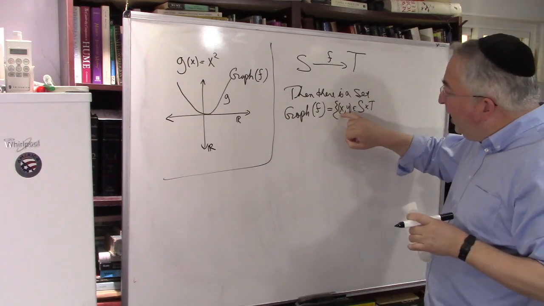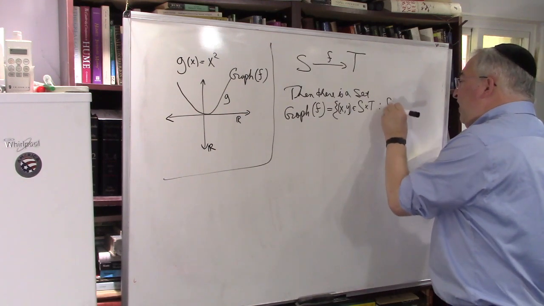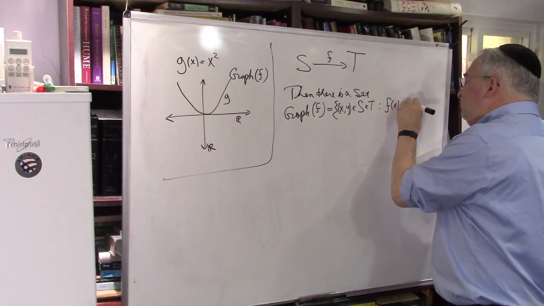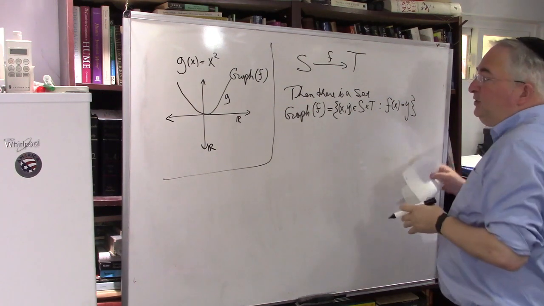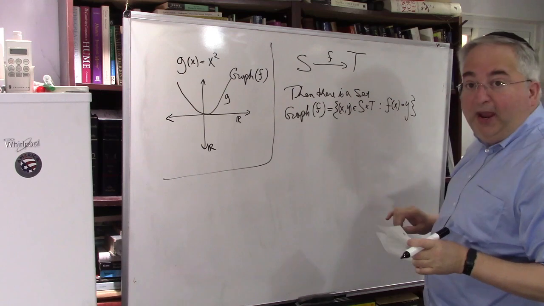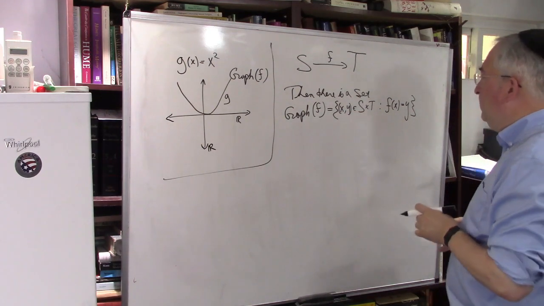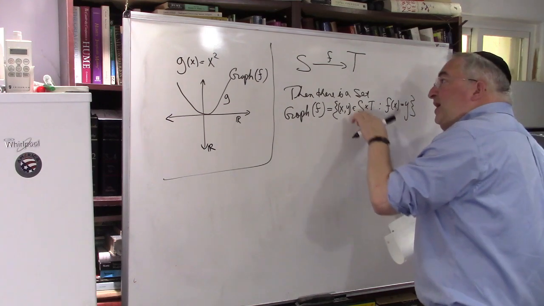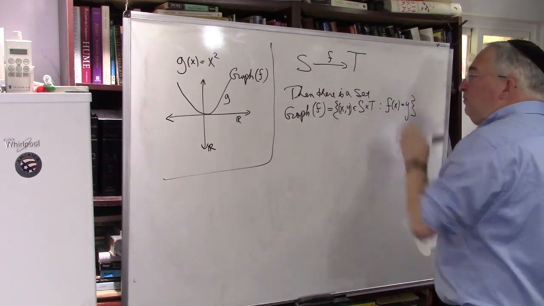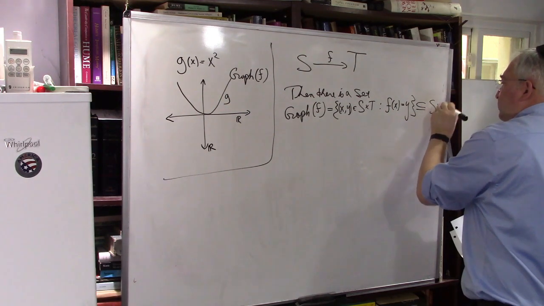So here you're going to have an input and an output, such that f of x is equal to y. So here's this set. It's a set of ordered pairs, where this is the input and that's the output. This is the domain of the function. This is the codomain of the function. This whole set is a subset of S cross T.